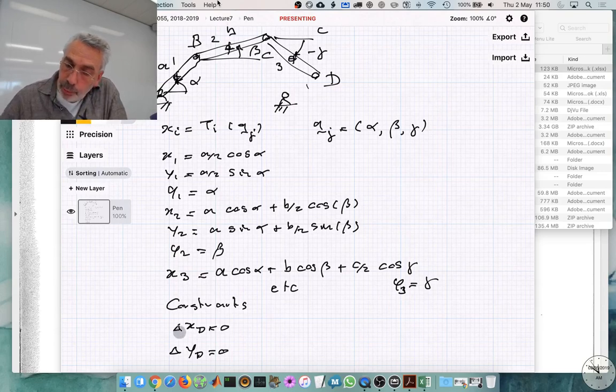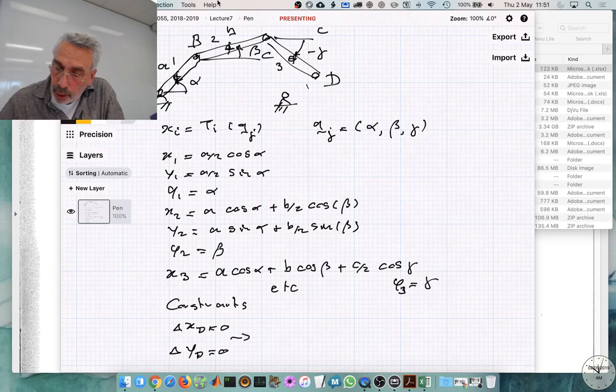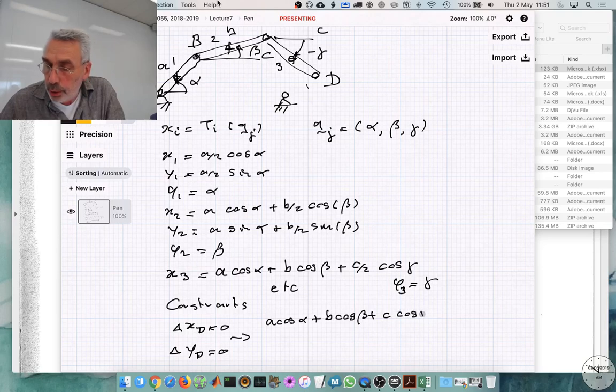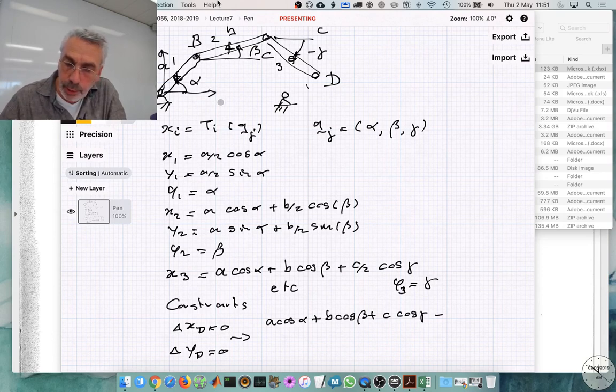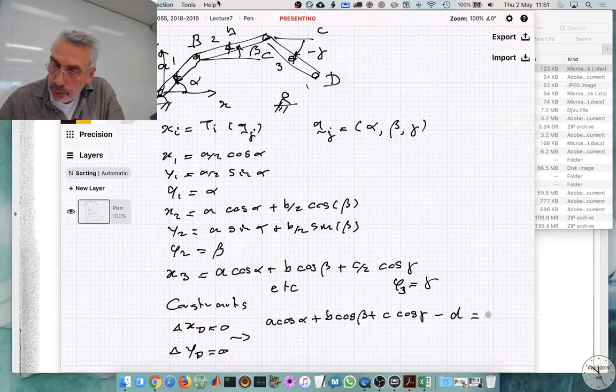Okay, and how do we find these expressions for this delta? Well, then we have to go over the chain and say, well, this x here should be identical to this x position here and the y there. And in our case, that comes down to this chain: a cosine alpha plus b cosine beta plus c cosine gamma minus the horizontal distance of this point with respect to this origin, minus the distance D, is 0.